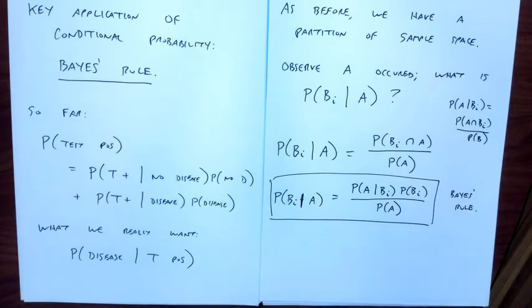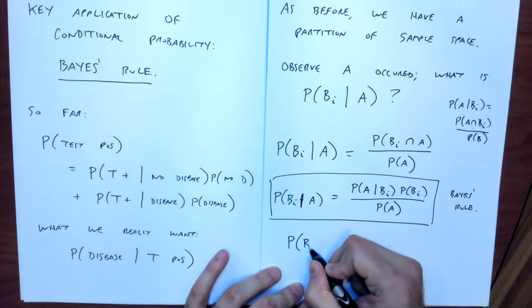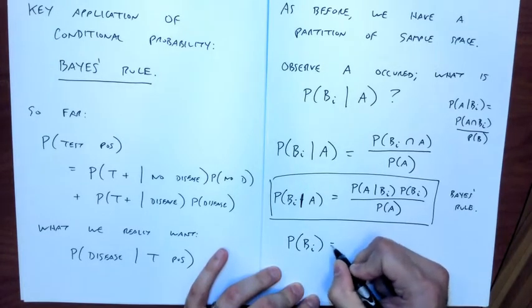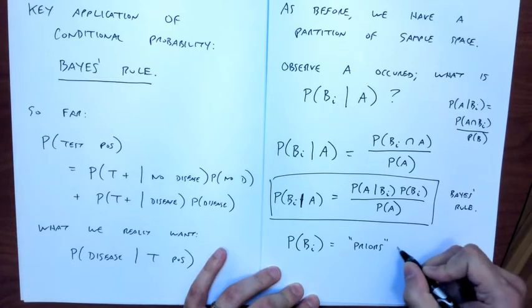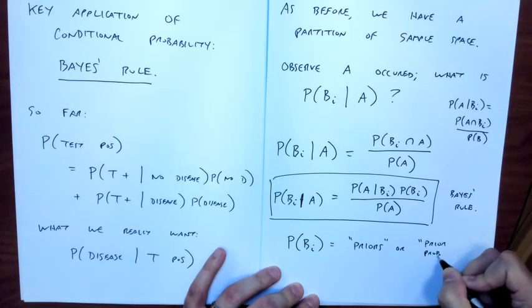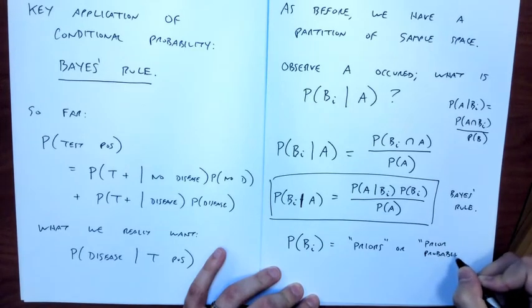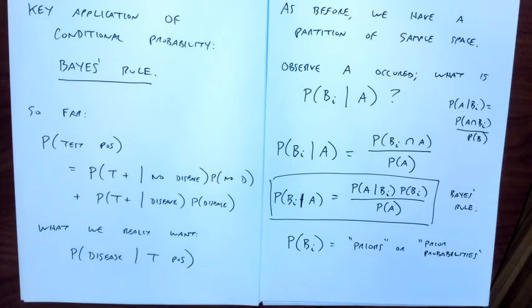And so these little pieces have some terminology to them, right? The P of the B_i are what are called priors, or prior probabilities. The P of the B_i are like saying, well, what were the probabilities before I saw any new information?